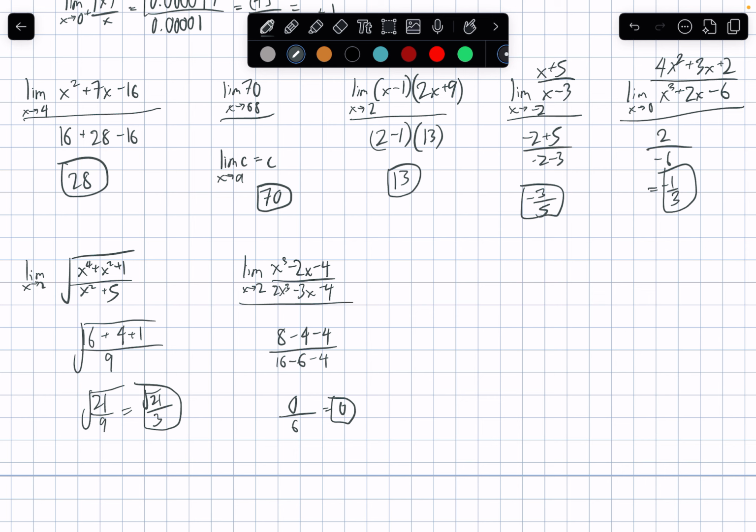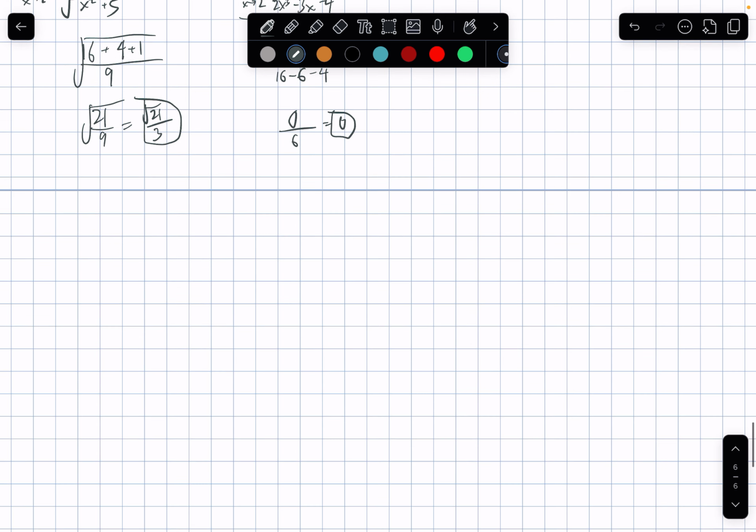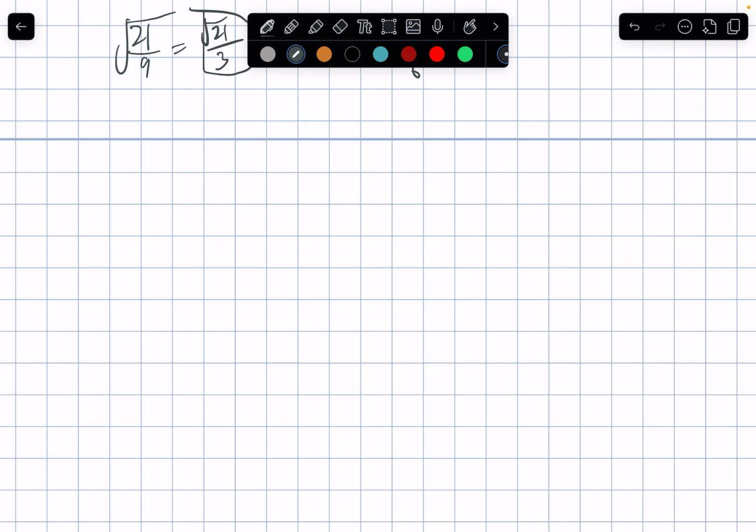Okay, we have more sample problems to answer, turns out. But don't expect direct substitution to be always the way to solve.